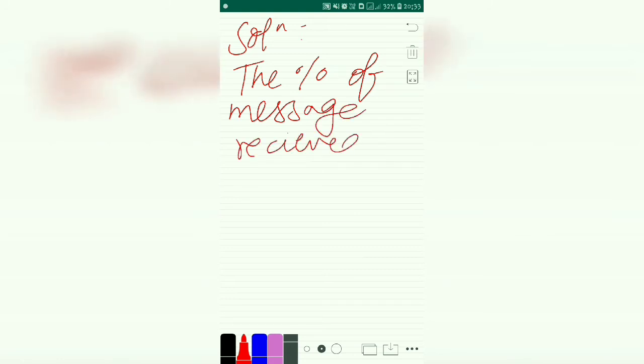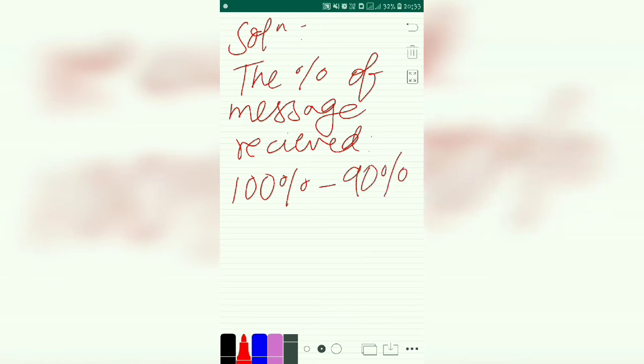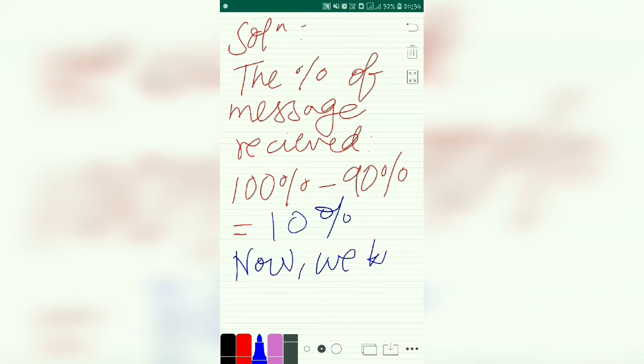Received is 100% minus 90%, because percentage is never more than 100, so we get here 10%. So now you have to write that you have 10% of messages.